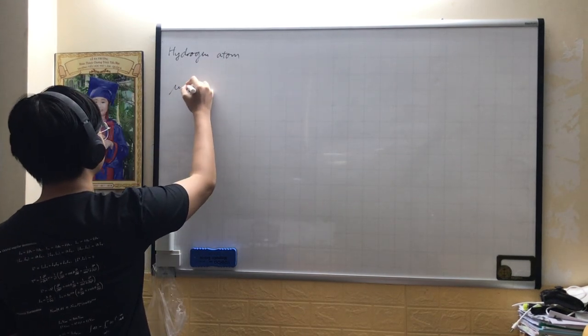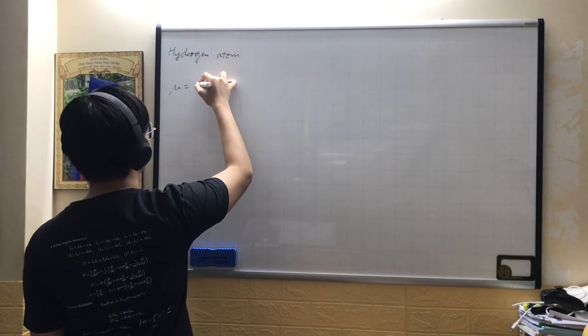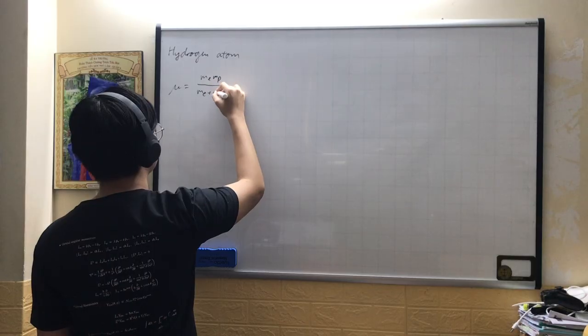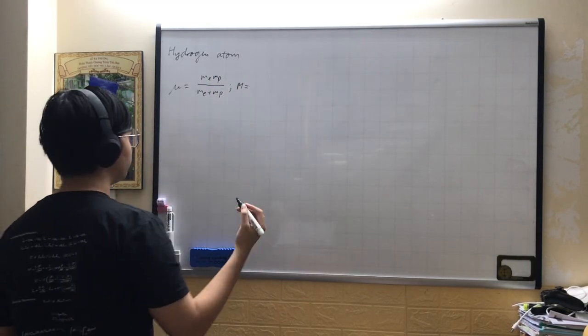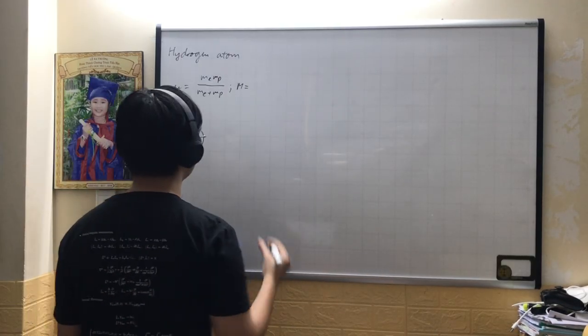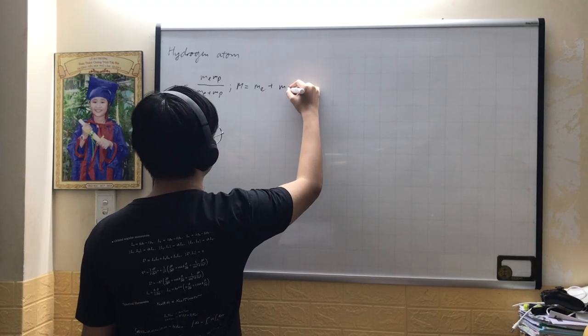First is the relative mass, which is m_e and m_p, the product over the sum. Next is our center of mass, which we're gonna write as the big M, which is just the sum of m_e and m_p.